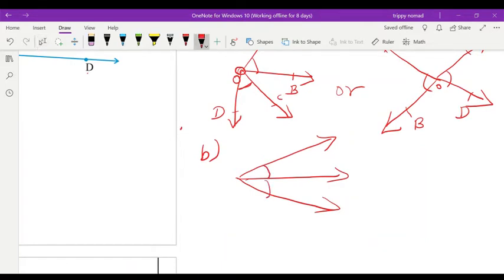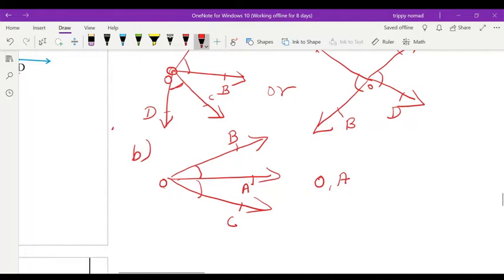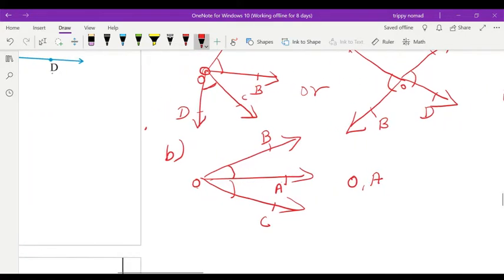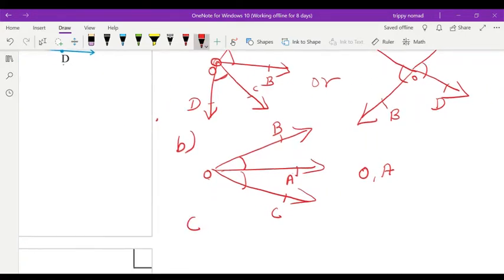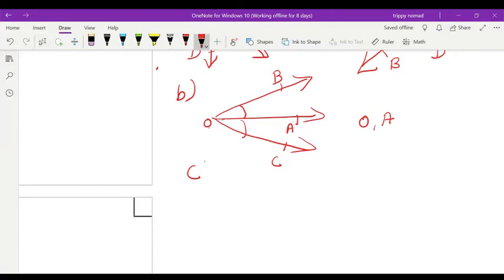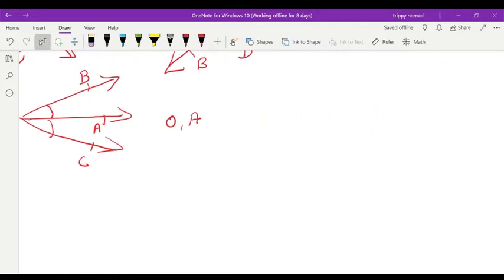These are two angles, this one O, A, B. So here two points are common, O and A, and in the earlier one only O was common. Now next question: in part C they ask for three points common. I am drawing here three points common, C part.